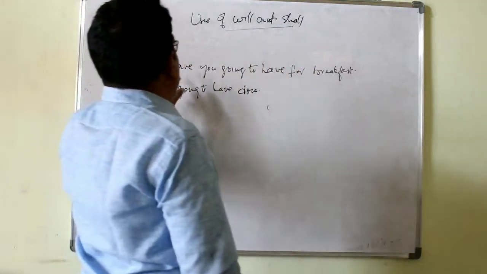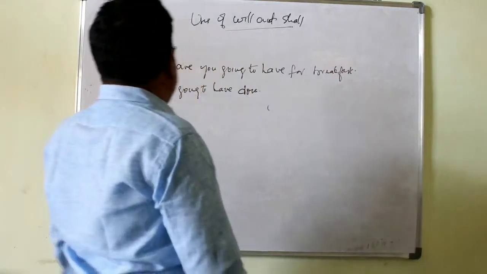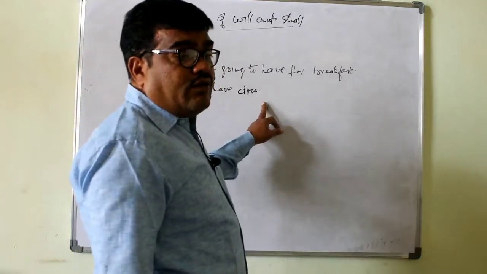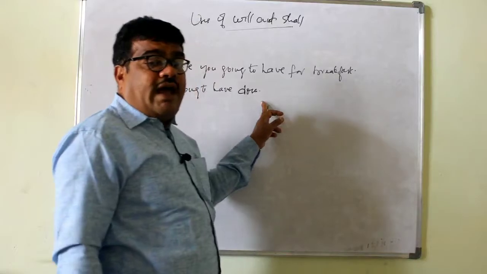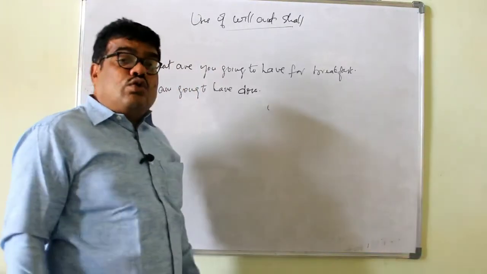For example, what are you going to have for your breakfast? You can give the answer, I am going to have dosa. You have already planned. For such type of action, we must use the present continuous tense or the going to form.